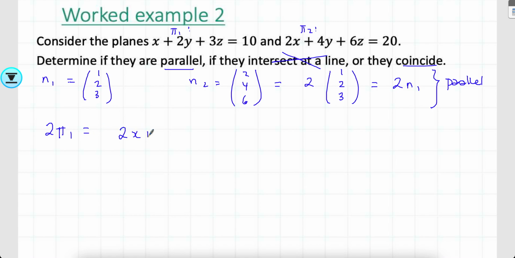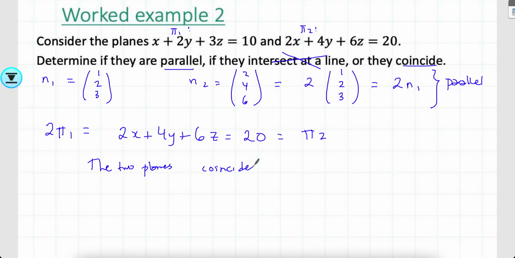That will give me 2x plus 4y plus 6z equals 20, which is exactly the same as plane 2. So because one plane is a multiple of another, we say that the 2 planes coincide. Okay, so first you've shown that they're parallel, and then that one is a multiple of the other. And that's it for 2 planes.